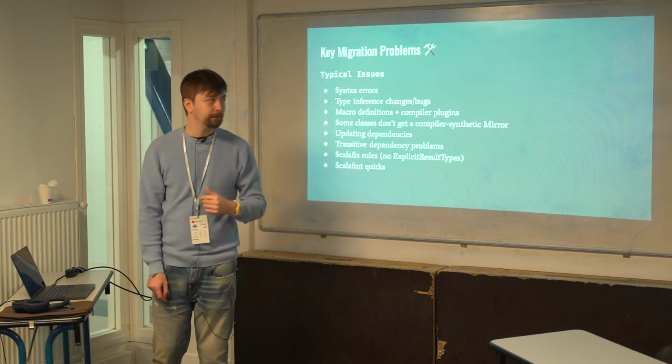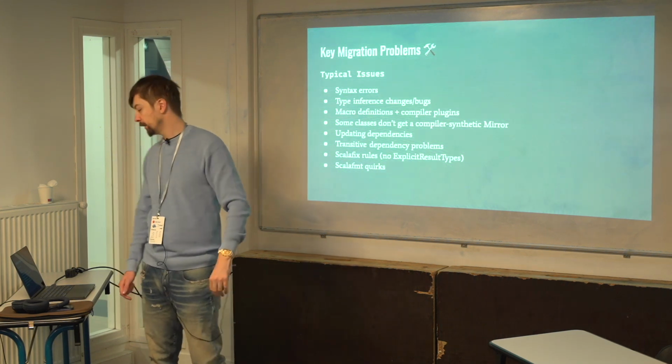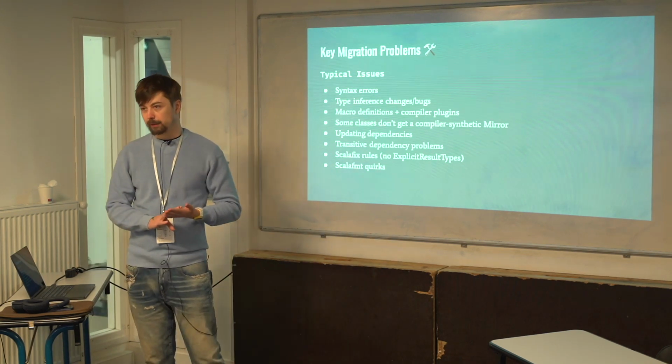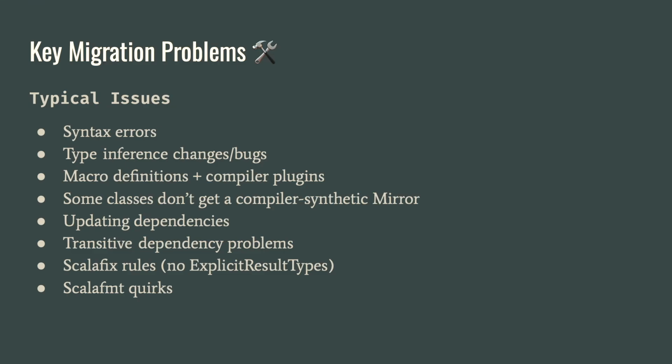Typically, you might expect some syntax errors or changes to type inference. The one big thing that's definitely not compatible is any macro definition. You have to rewrite that with the new Scala 3 API for macros. Another thing is that if you use a library that has type class derivation, a lot of libraries in Scala 3 require this new thing called a Mirror, and not all classes will get a Mirror provided by the compiler.